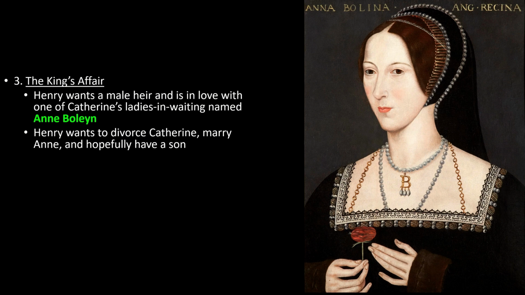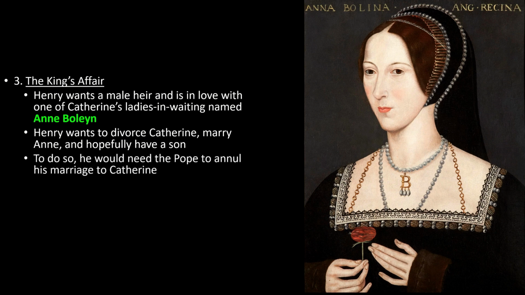The only problem is, guys, getting out of a marriage in 1500 Europe is not an easy thing, especially if you are royalty. So, in order to marry Anne Boleyn and divorce Catherine of Aragon, he would need the Pope to annul his marriage to Catherine. All right, now, what does it mean to annul? What's the difference between annulment and divorce? Basically, in this sense, they're very similar.